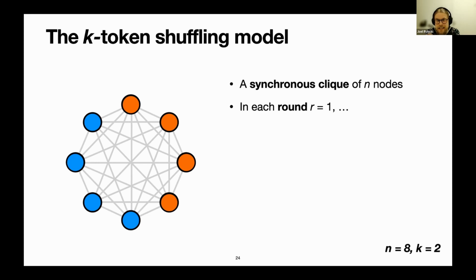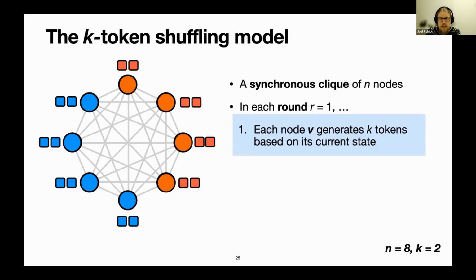The computation in this model proceeds as follows. In each synchronous round, every node in parallel generates exactly K tokens based on its current state. So these tokens represent, for example, messages. And since every node generates exactly K tokens, we have a total of N times K tokens created in one round. So in this example, we have 16 tokens.